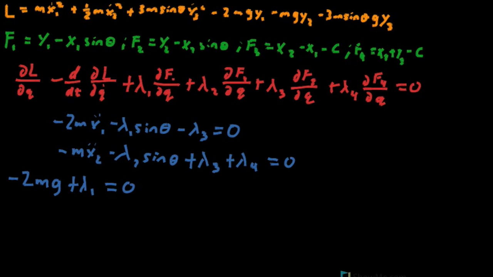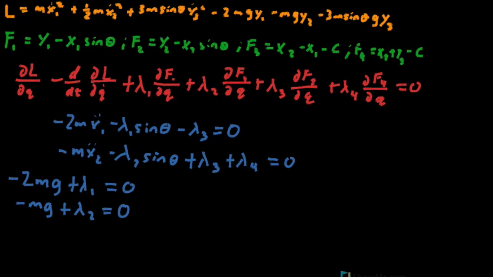Looking at y2, we have a very similar situation, where the partial L with respect to y2 is now minus mg. The partial derivative of f1 with respect to y2 is nothing. The partial of f2 with respect to y2 is 1, so we add lambda 2. The rest have nothing to do with y2, so all this just equals 0.